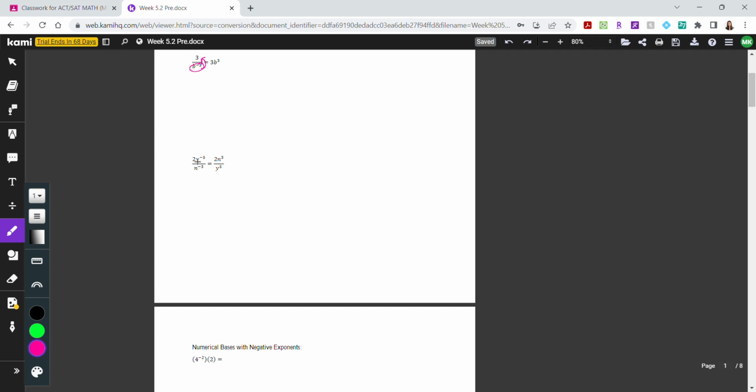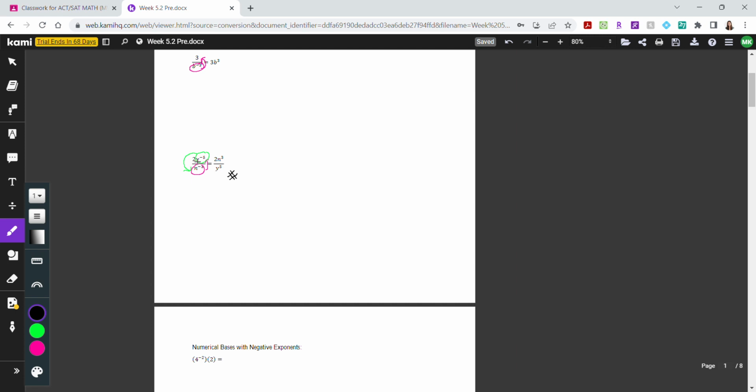N goes on top because it has a power of -3, and y goes to the bottom because it has an exponent of -5. That's why this would be the answer in terms of positive exponents.